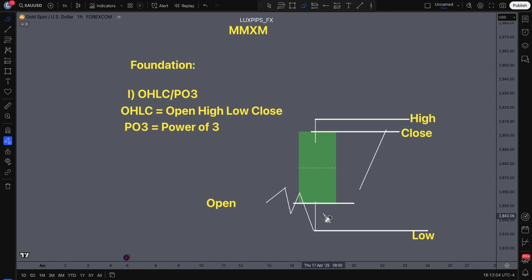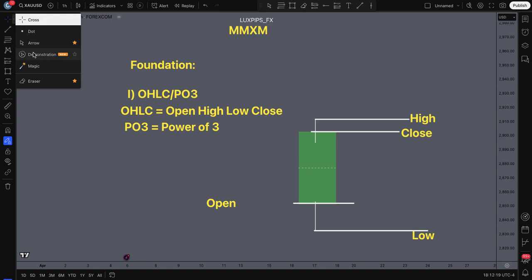So that's the OHLC. And I have a slash PO3 because it's basically the same thing. Power 3. You know what I like to do?